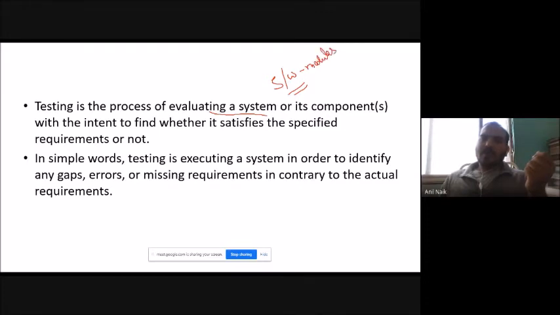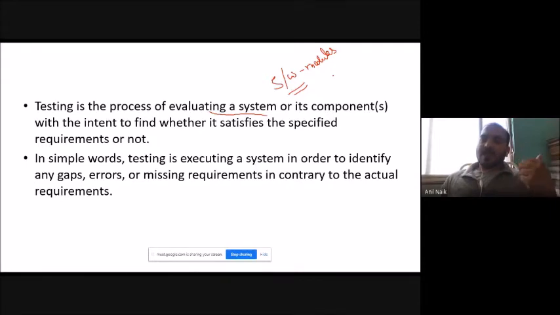We are testing the complete software, or its components, meaning modules, with the intent to find whether it satisfies the specified requirements or not. Specified requirement means one particular software has a specific requirement. For example, for a bus reservation application, what are the features?